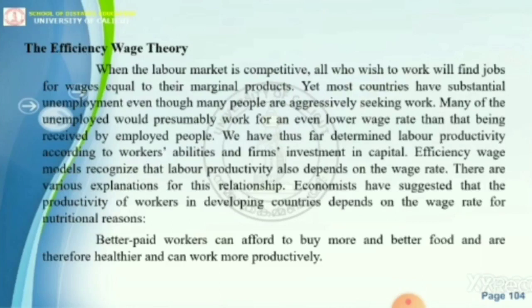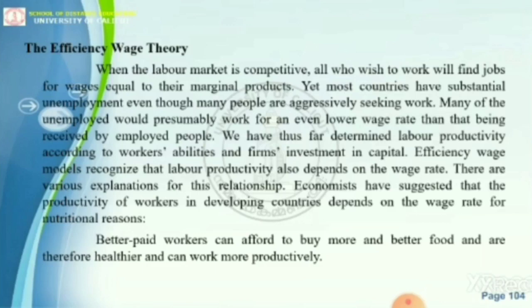So the efficiency wage theory, this is very important. Efficiency wage theory discusses the labor market competitiveness, right? When the labor market is competitive, all who wish to work will find jobs for wages equal to their marginal products. Yet most countries have substantial unemployment even though many people are aggressively seeking work.